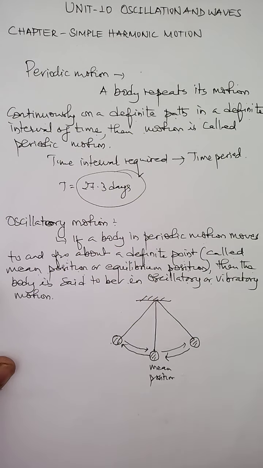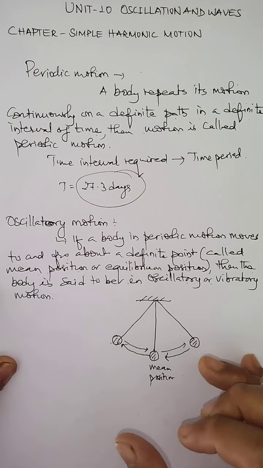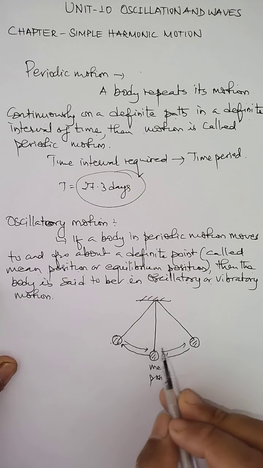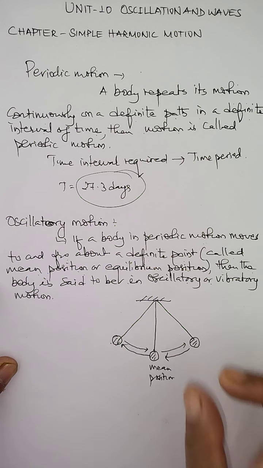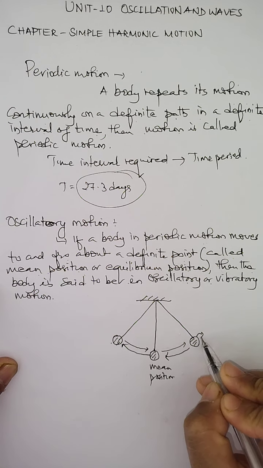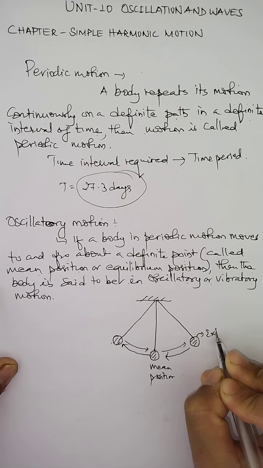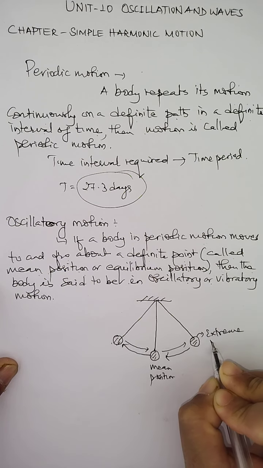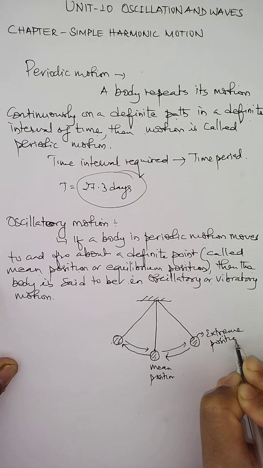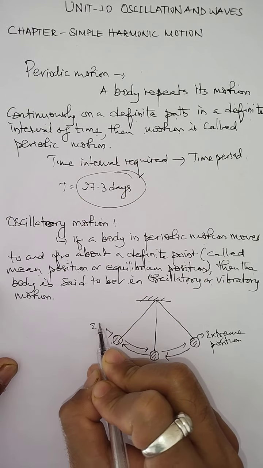Now children, one point you need to keep in mind is that in this particular type of motion, the body remains confined within a well-defined limit. Which means the body will go up to that position only, that maximum limit. And this maximum limit of position is called the extreme position.